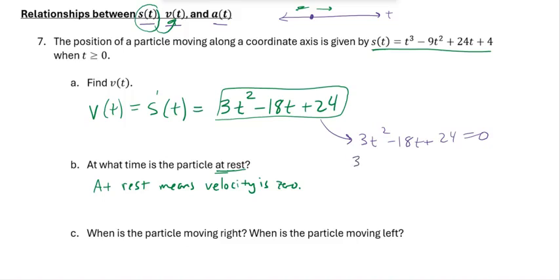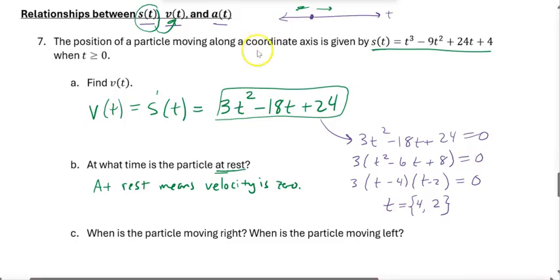So let's factor the 3 out. We have t squared minus 6t plus 8. Keep your fingers crossed that this will actually factor, because if it does, we don't have to use the quadratic formula. And it looks like it does. It looks like this will factor to t minus 4 times t minus 2. And so our values are t equals 4 and 2. And so we have 2 answers to when the particle is at rest. We don't know if it's seconds or hours. It doesn't say in the problem, but that's our answer there.